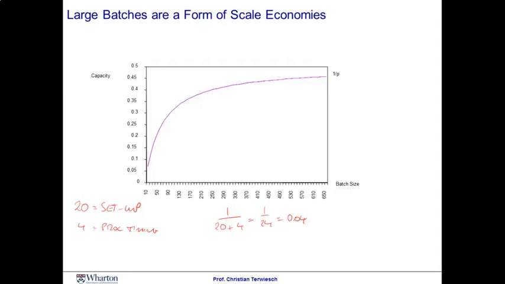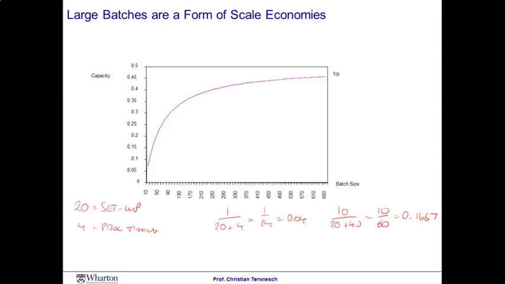Now increase the batch size from 1 to 10. We're having 10 units, and it will take us 20 minutes to set up plus 40 of production, which is 10 divided by 60, which is equal to 0.1667.